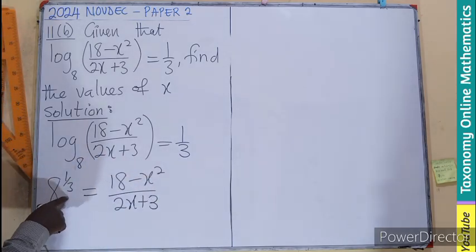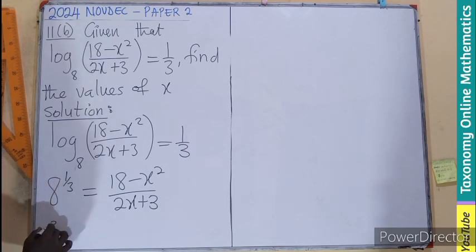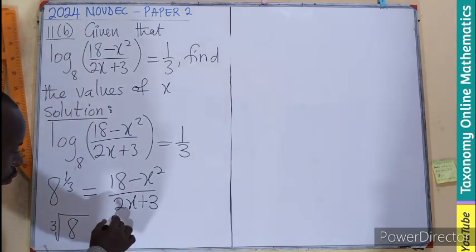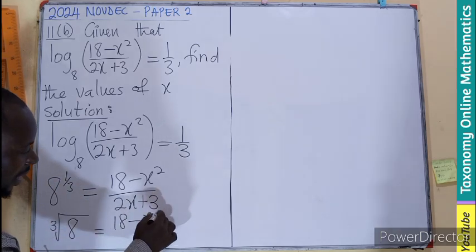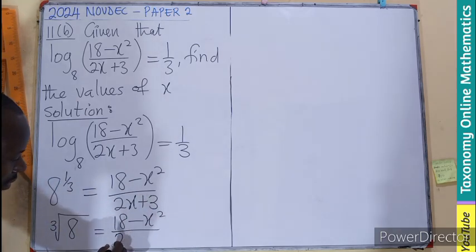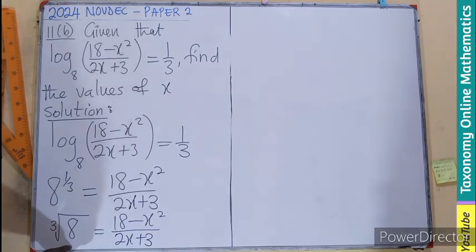Now remember, if I have a power that is a fraction, it can be taken as the nth root of that number, meaning I should be having the cube root of 8, and the cube root of 8 should be equal to (18 minus x squared) over (2x plus 3).